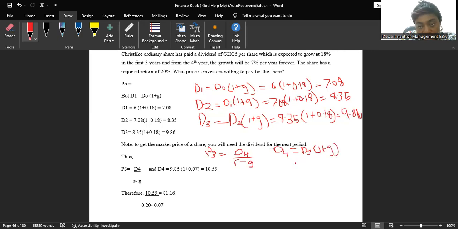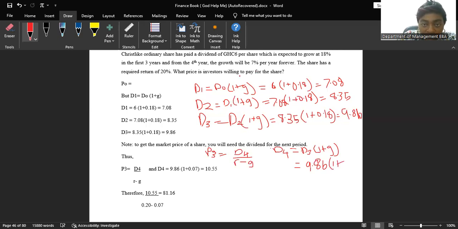Okay, the space is small, so let's continue here. Now, D3 is 9.86. Bracket open, we have 1, which is a constant, 1 plus the growth rate.